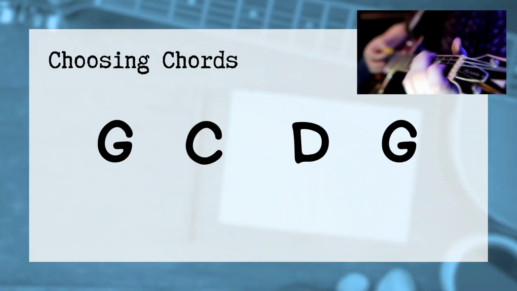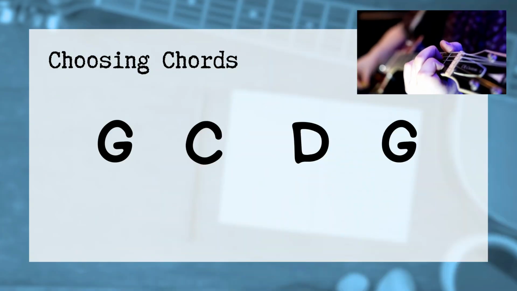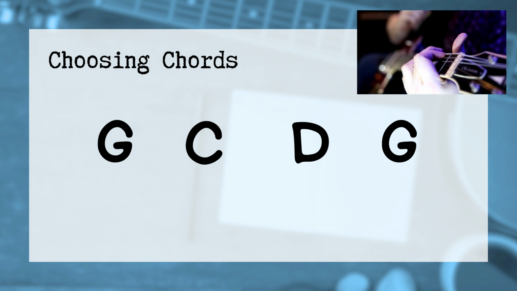My chords are going to be G, C, D, and then I'm going to play G again at the end there. That G has a real sense of completeness to it, which is why I'm putting it at the start and at the end. Sections in music are usually 8 or 16 bars long, so we're going to think about how long we want this first section to be, how long we want to play each of those chords.